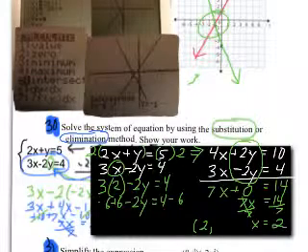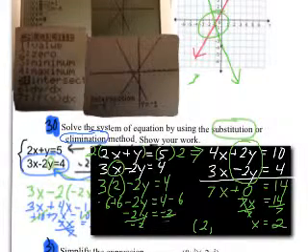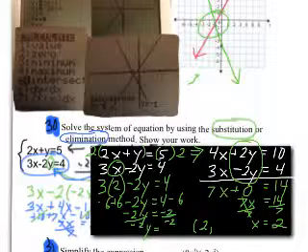And we get a negative 2y equals a negative 2. Let's divide by a negative 2. And we get y equals 1. Negative 2 divided by negative 2 is 1.